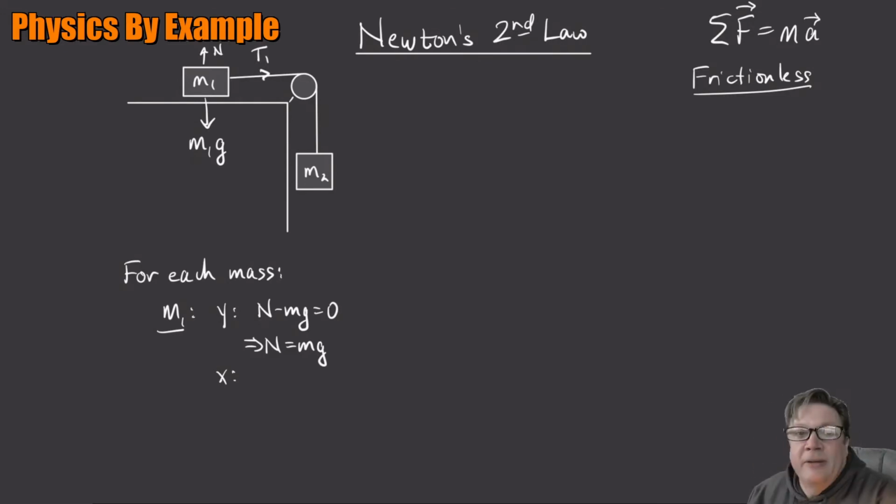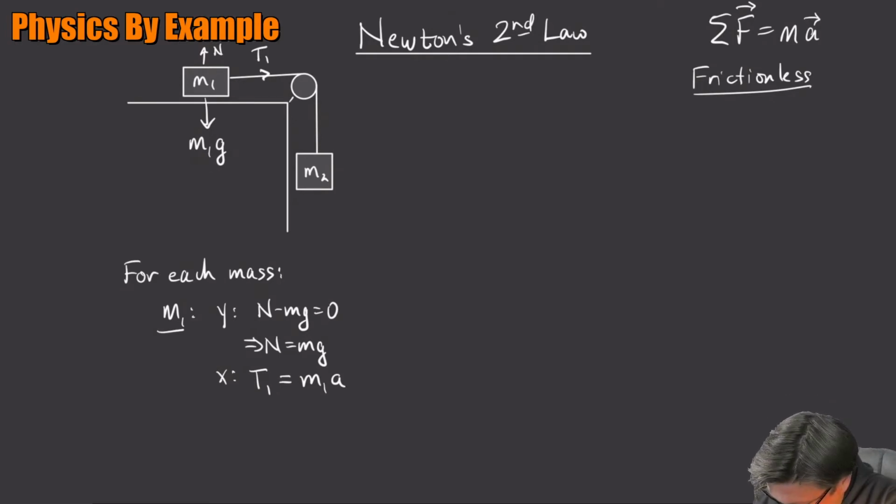I'm just going to call it T1, tension acting on mass 1. That's it, so summing the forces is easy. It's easy to sum one thing. T1 is acting to the right, so that must equal M1 times A1. Well, that's all there is to that. We're done with M1.